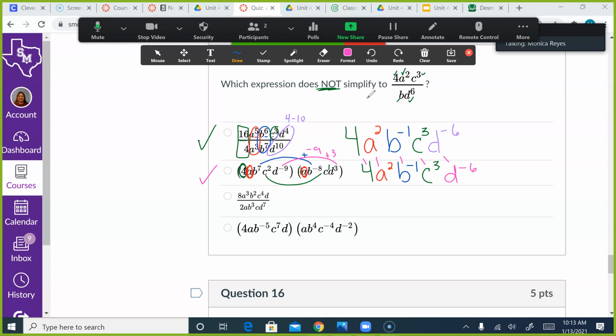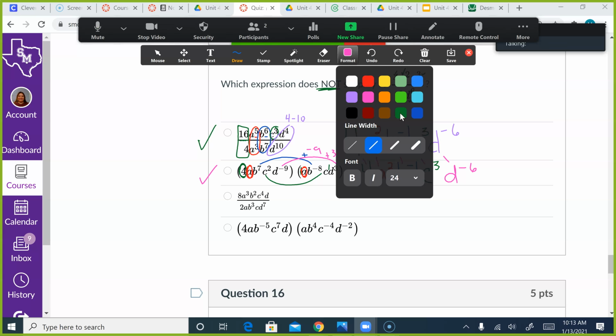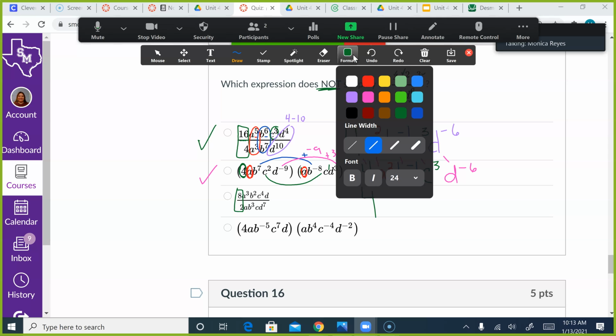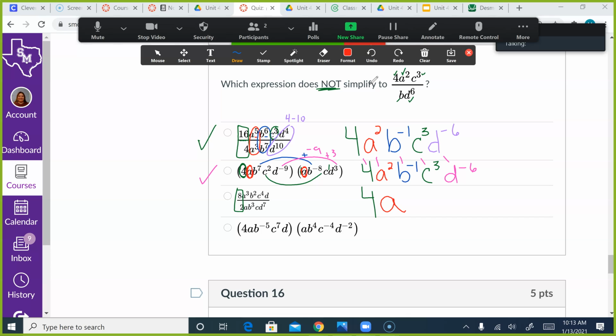So again, checking C. Go through each one. 8 divided by 2 is 4. Looking at the A's, 3 minus 1, because we're dividing, we subtract. 3 minus 1 is 2. Looking at the B's, 2 minus 3 is negative 1.